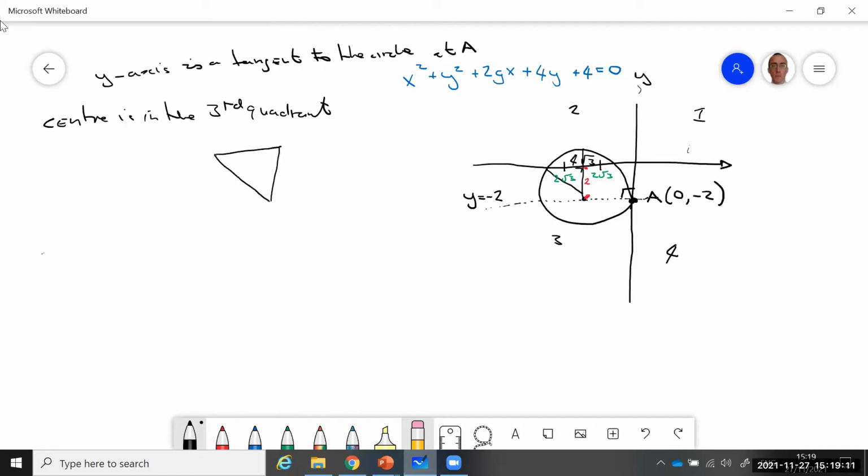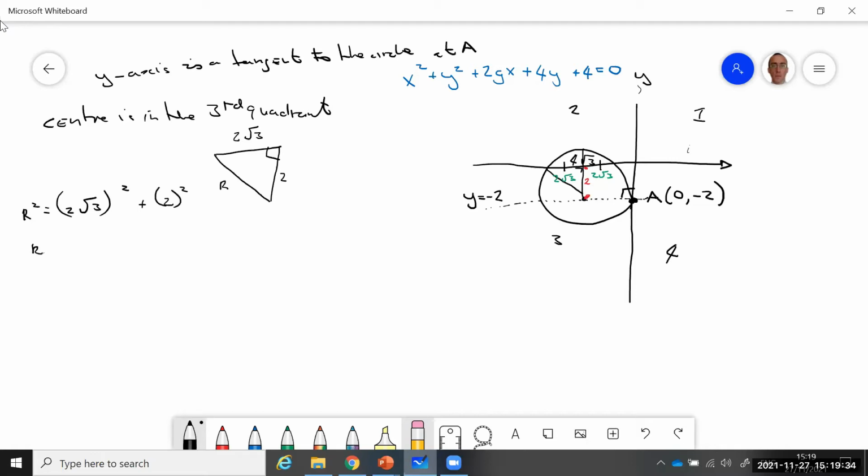We have 2√3, that's our right angle there, we have R, and we have 2. So we can say that R squared equals 2√3 all squared plus 2 all squared.